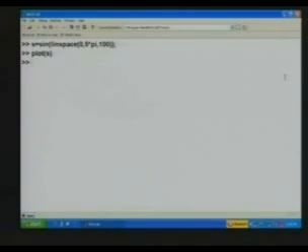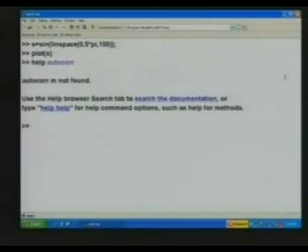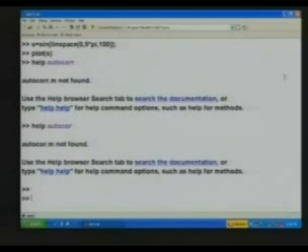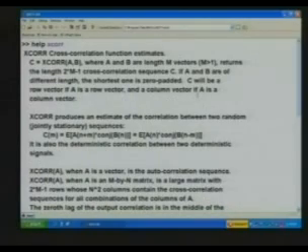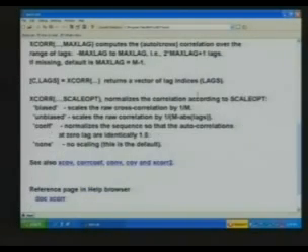So you can find out the autocorrelation sequence of S. To find out autocorrelation, see help xcorr. This is called cross correlation. You can write xcorr of S with itself.